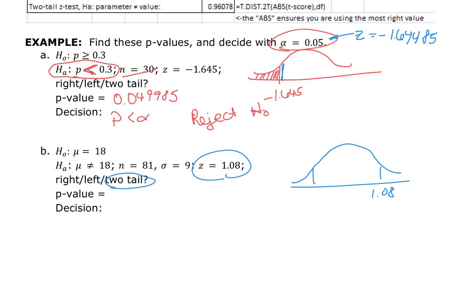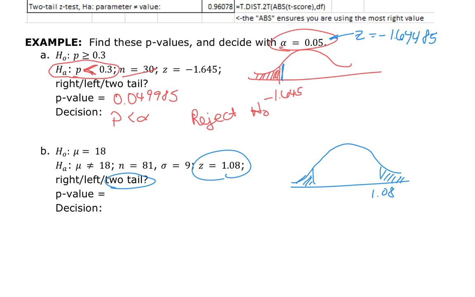I'm going to go into the same spreadsheet for Chapter 9 that I did here, because it's not a t-distribution, so I'm going to go back to my Chapter 9 calculator, and they're both the same, so it doesn't matter if I'm finding the p-values for mu and sigma. If you know mu and sigma or the probability, it doesn't really matter. I'm going to put in the 1.08, and it's a two-tailed test, and the p-value that's given to me, that's the area I'm looking for, that's the probability.